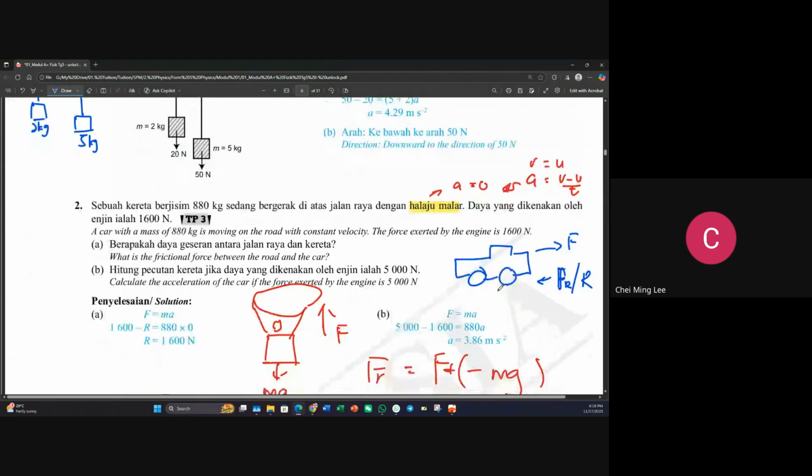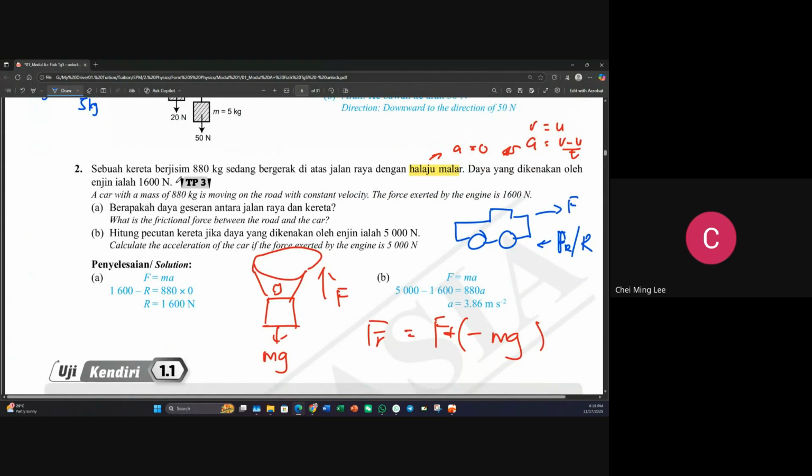All right, now a car of 880 kg is moving on the road with constant velocity. Constant velocity means that acceleration equals 0. So the force exerted by the engine is 1600 Newton. So what is the frictional force? We know that the total force is normally the force exerted by the engine, right?